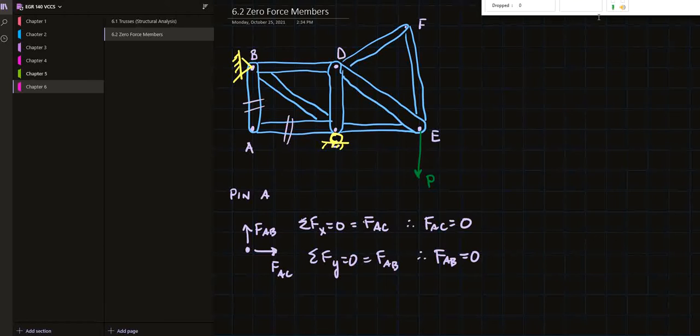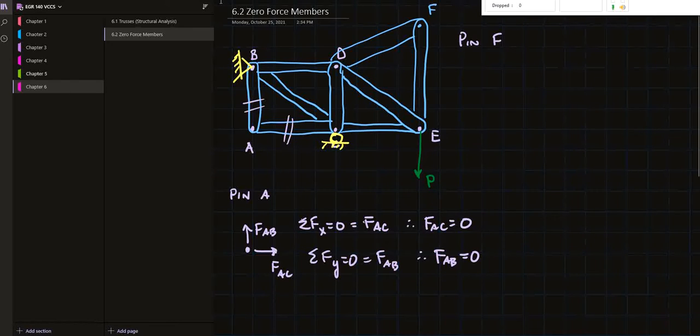But if we look at pin F, I redrew that so this would look a little easier for us to understand. So pin F, we have a force in this way and a force in this direction.